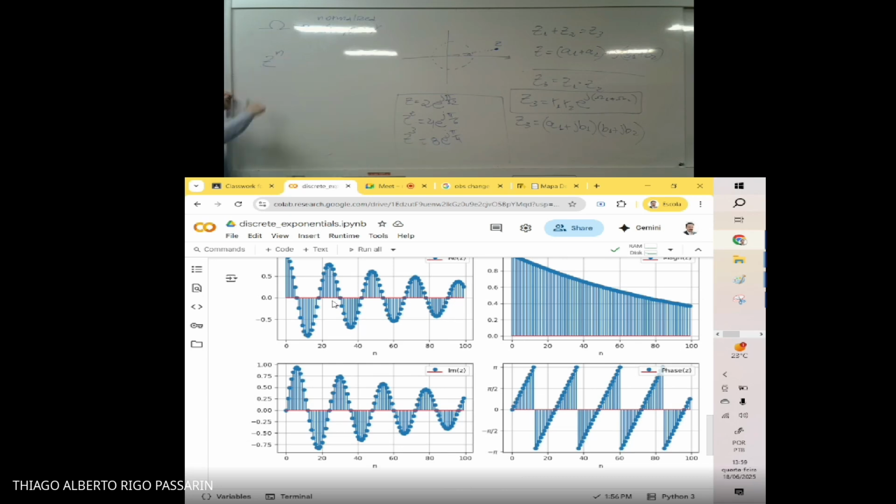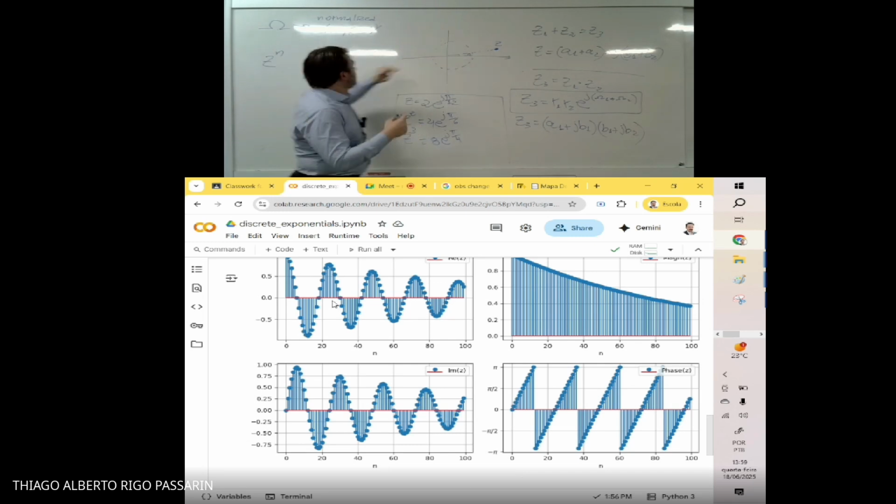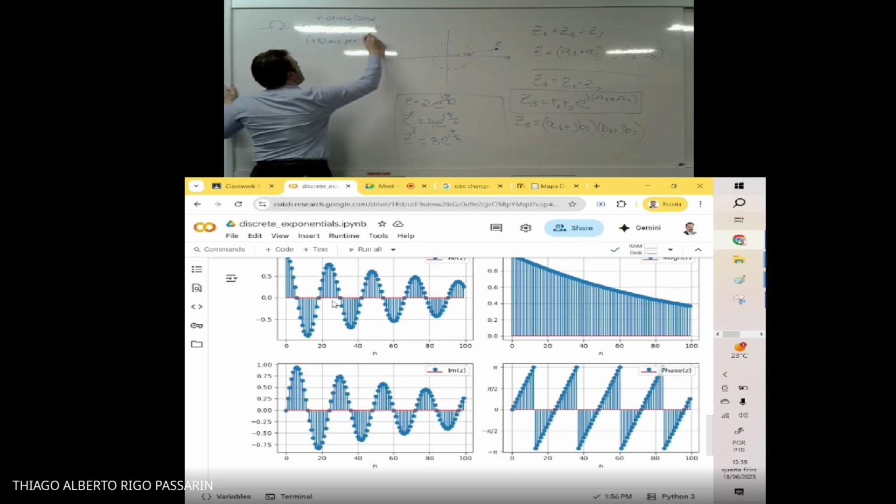each time I increase n by 1 unit, I increase the angle of the result by omega radians. So this guy is radians per sample. This is why it's normalized. It's radians per sample.